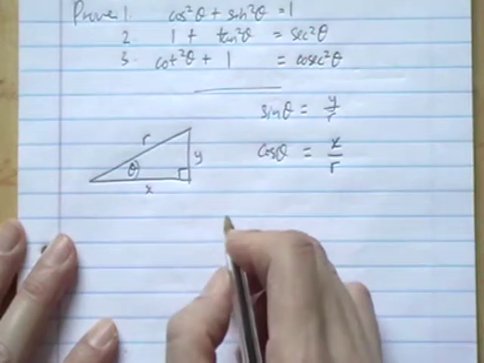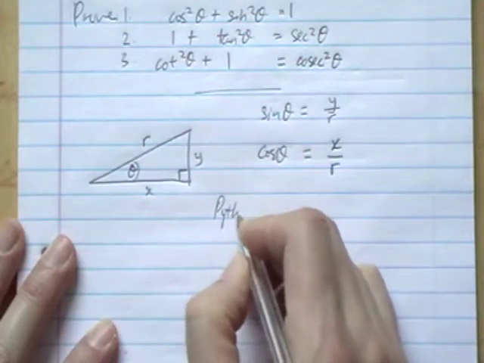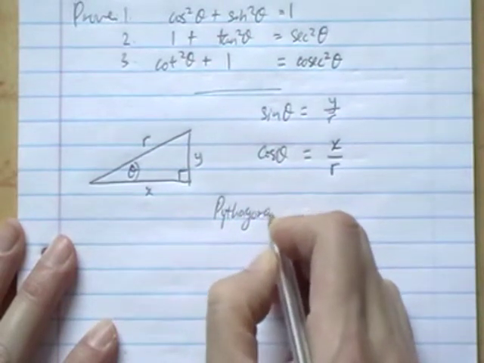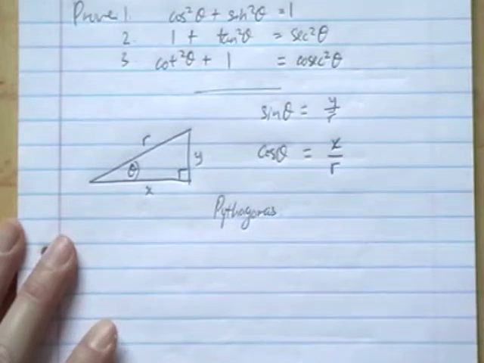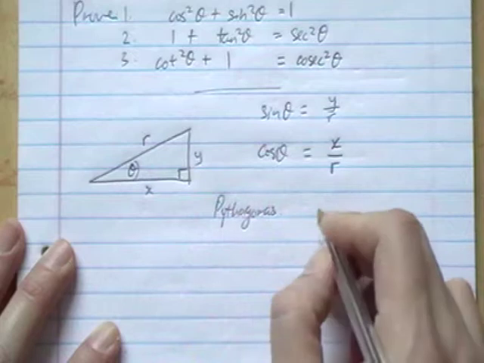If I use Pythagoras theorem, I know that x squared plus y squared is equal to r squared.